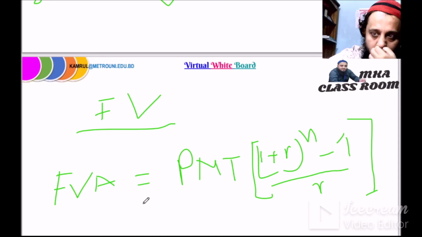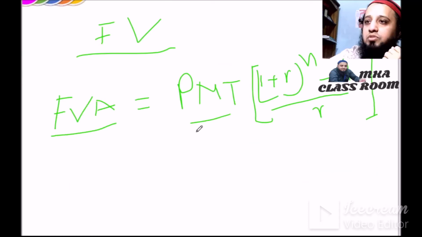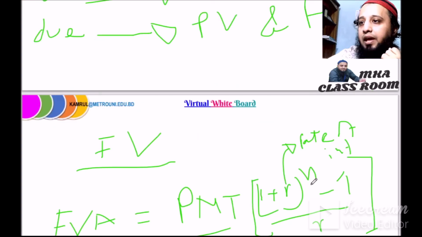FVA is future value of annuity, PMT means payment, R means rate of interest, N means number of periods.